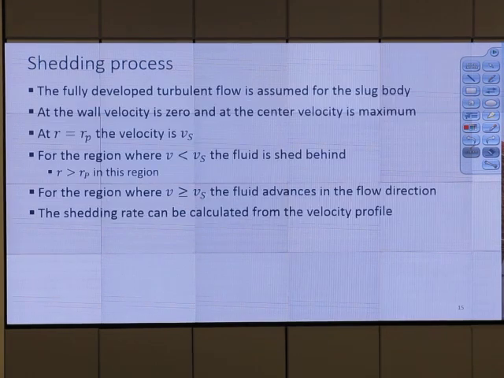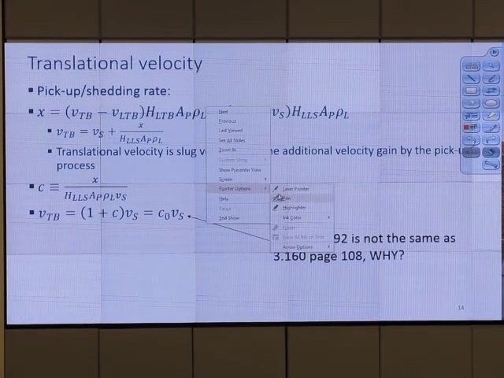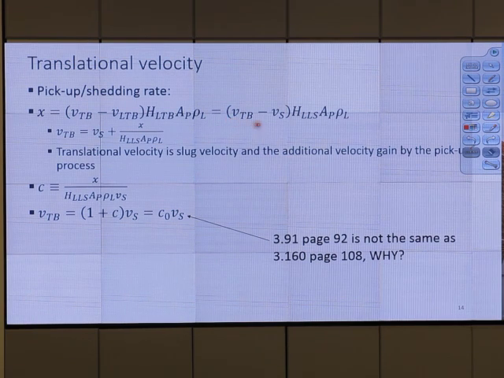See this x? X is, okay, let's change the laser pointer. X is relative velocity, or x, first of all, x is constant, right? So when we look at the film part, we have VF, which is this term, multiplied by HLTB, A and rho.